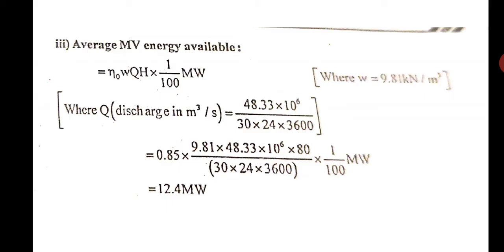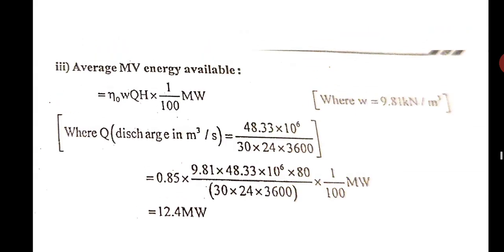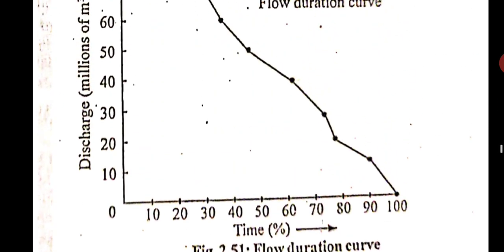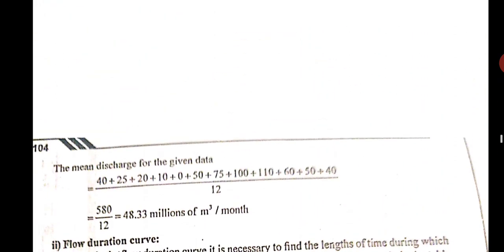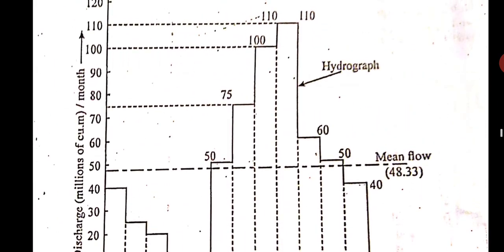based on the average flow of 48.33 millions of meter cube per month. Okay, I would request you to please practice this numerical so that you will understand it better. So in this numerical we have seen three things. One is to plot the hydrograph. First we have plotted the hydrograph.